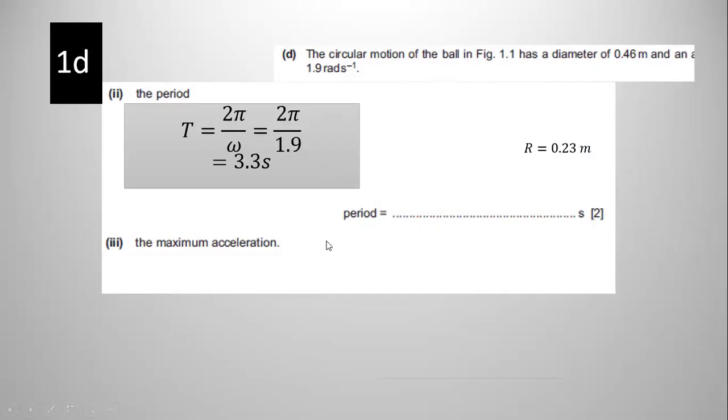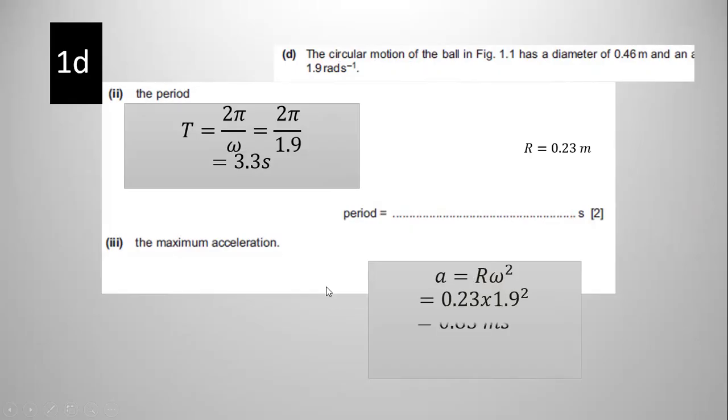Maximum acceleration. Go to formula sheet if you've forgotten the formula. R omega squared. R is 0.23. And then omega is omega. Okay.